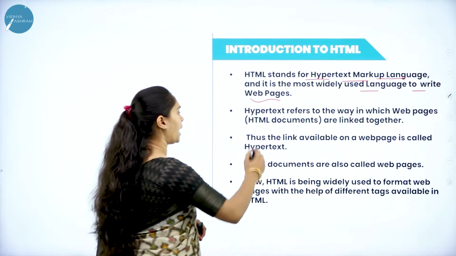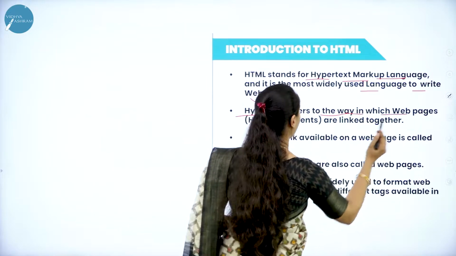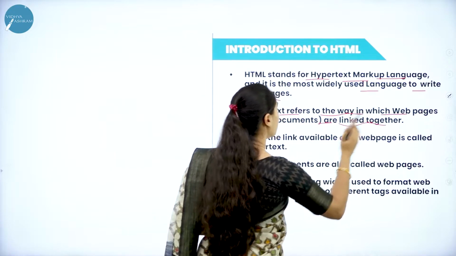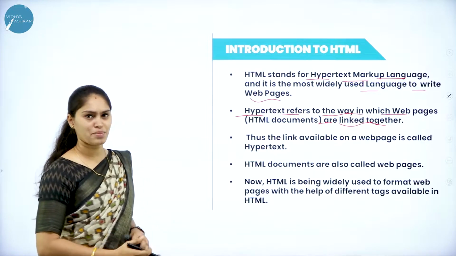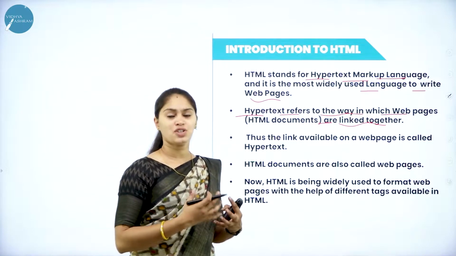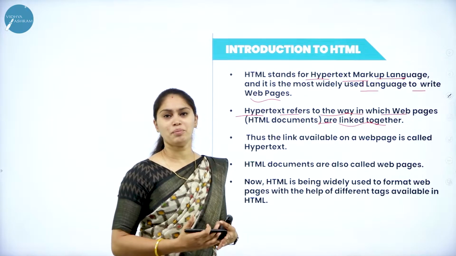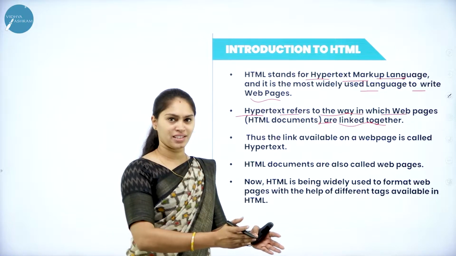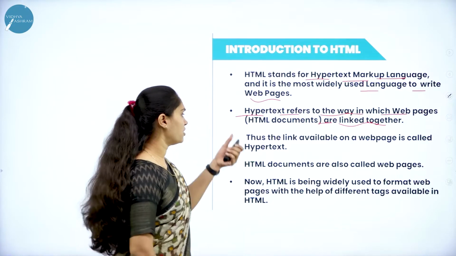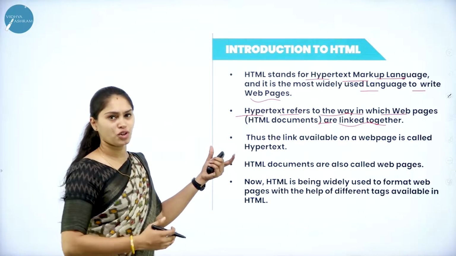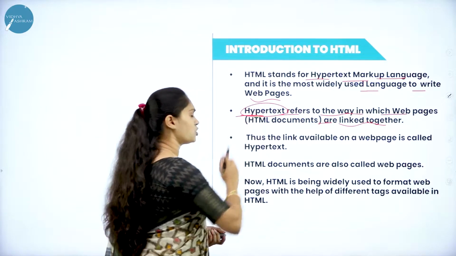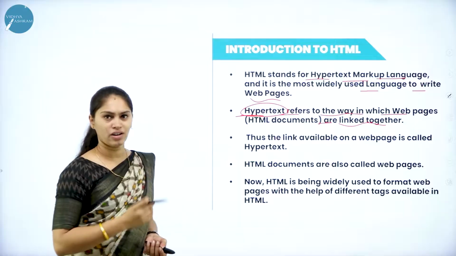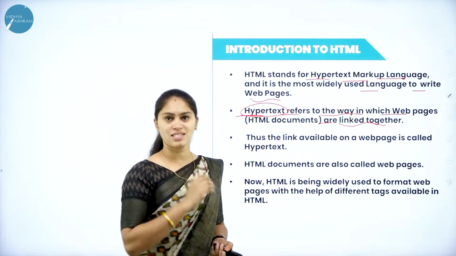Also, hypertext refers to the way in which web pages are linked together. When I say website, it is a collection of web pages. Then how can I go from one web page to another web page? That is with the help of this hypertext. Most of you have browsed the web. There we get one word which is blue in color and underlined.